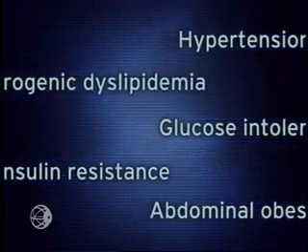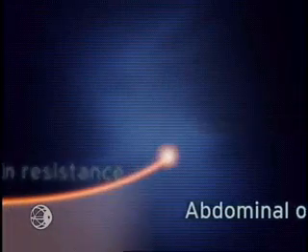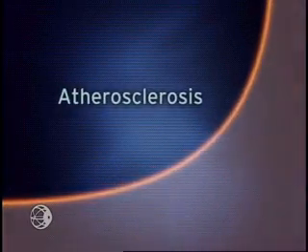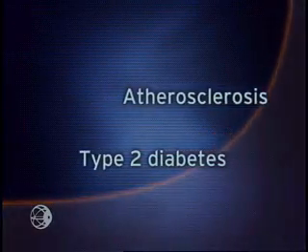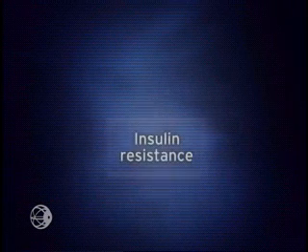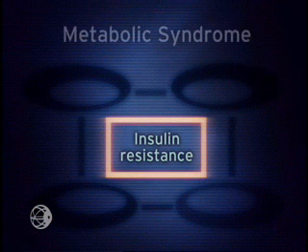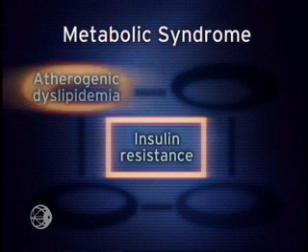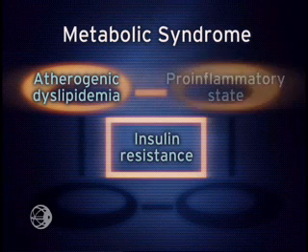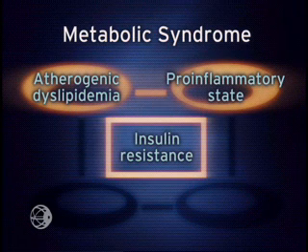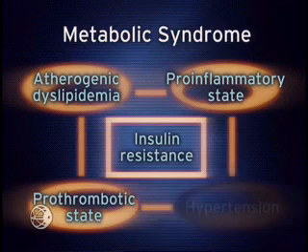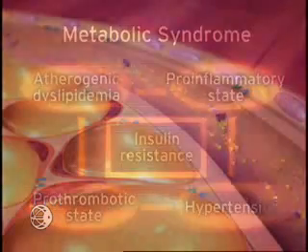In aggregate, these conditions can dramatically accelerate the development of atherosclerosis and type 2 diabetes. It has been proposed that insulin resistance provides a mechanistic link between many of the conditions associated with the metabolic syndrome, including atherogenic dyslipidemia, a pro-inflammatory state, and possibly a prothrombotic state, and hypertension.